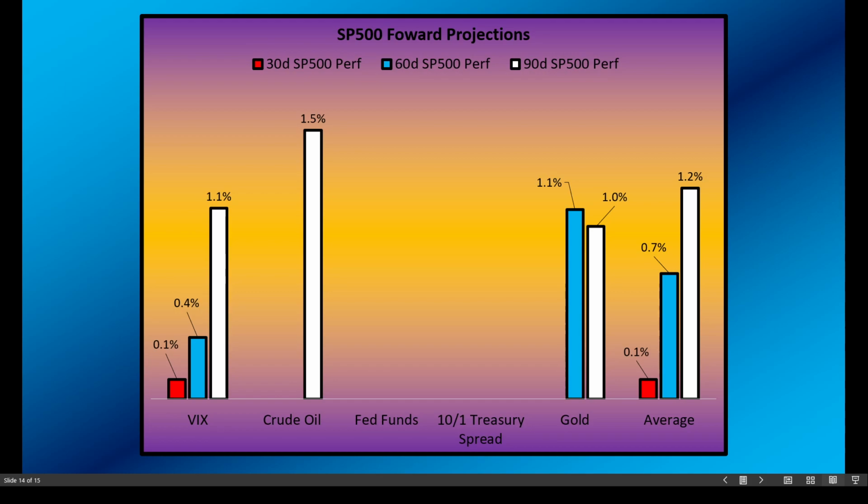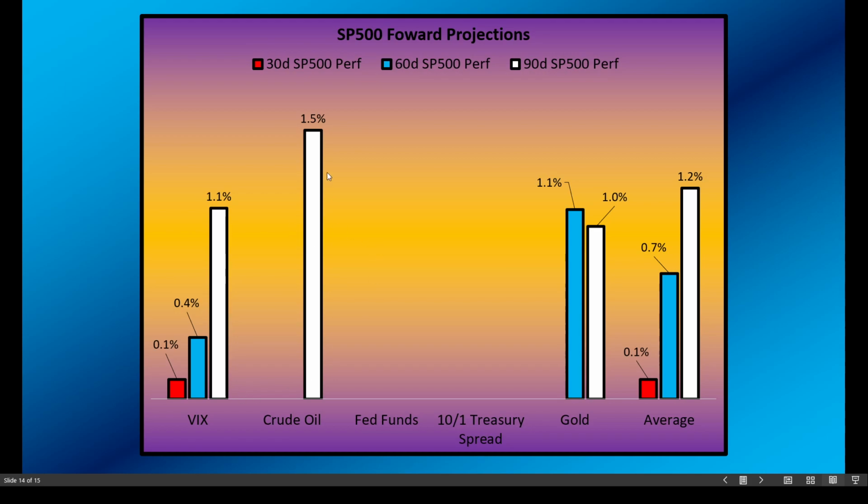Well, given the current situation, on a 30-day basis, we expect, based on the VIX, the stock market to be up 0.1%. Given the VIX dropping 34%, we'd expect on a 60-day basis to be up 0.4% for the S&P 500, and for a 90-day basis, 1.1%.